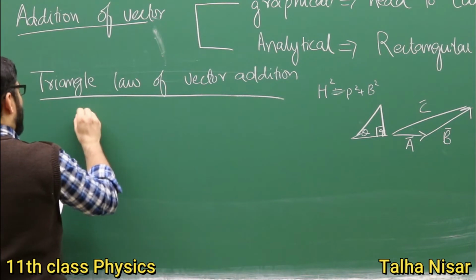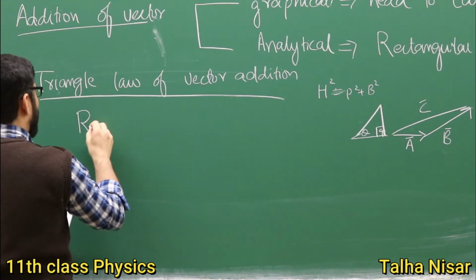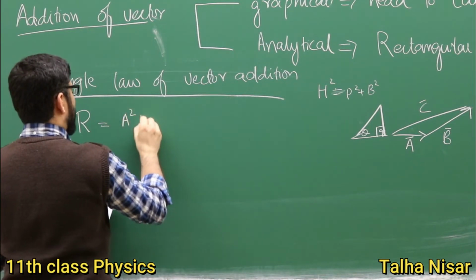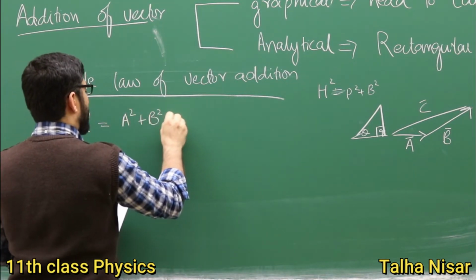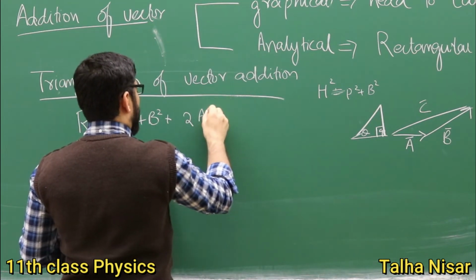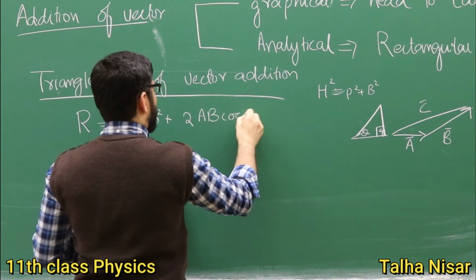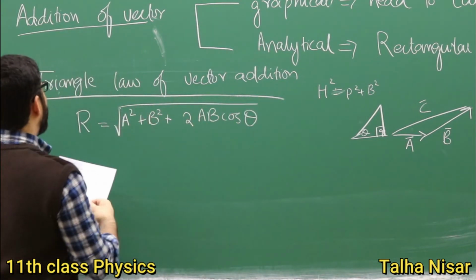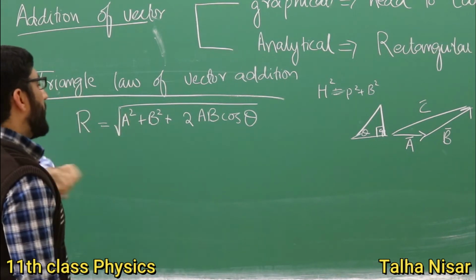So the general law for the triangle law is R equals the square root of A square plus B square plus 2AB cos of theta. So this is the general triangle law for the vector addition.